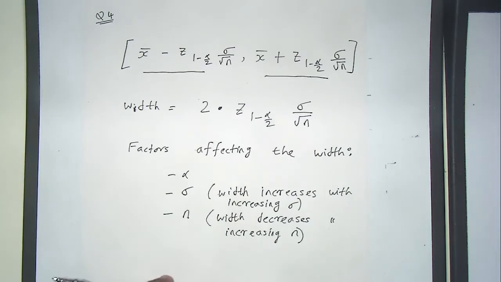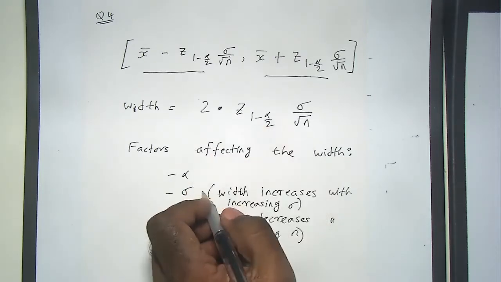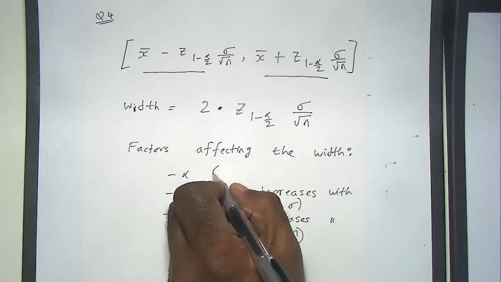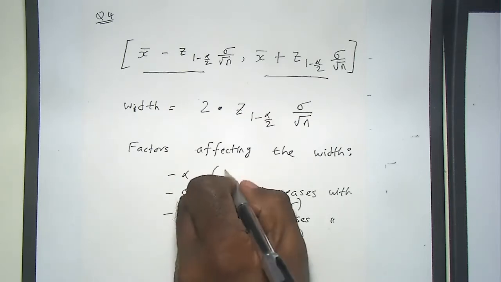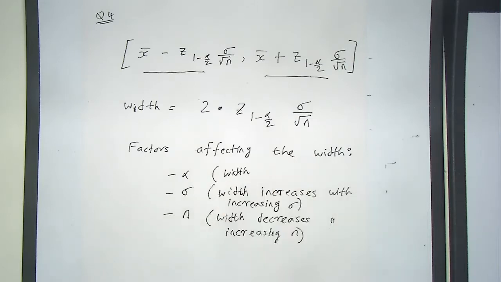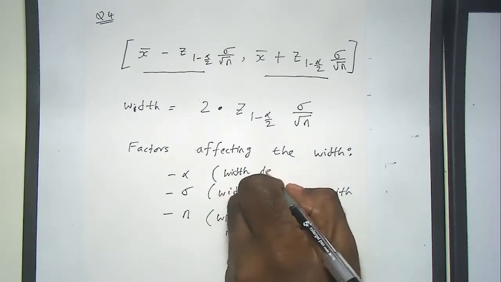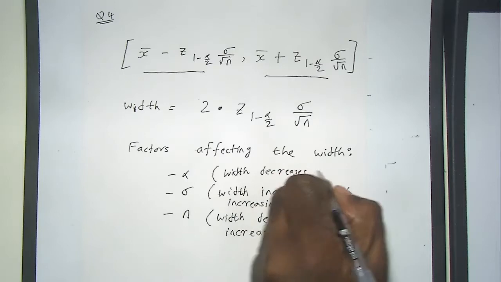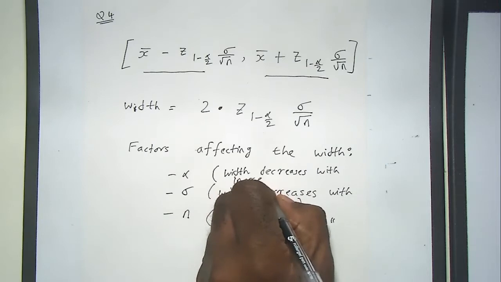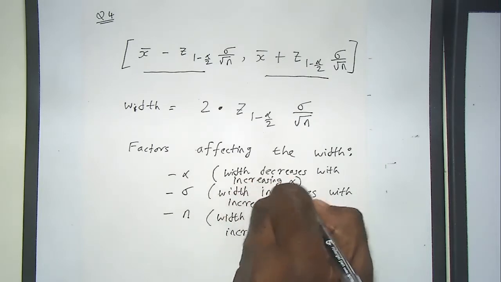So as alpha increases, the length of the interval will decrease with increasing alpha, right?